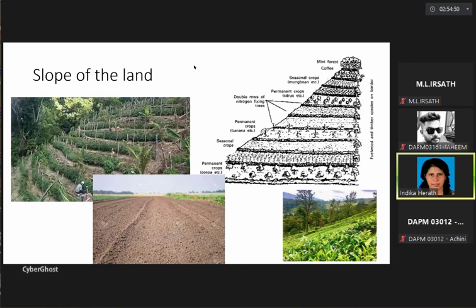Yes, I use my writing pad so that I can explain it very clearly. You have seen many of this kind of land in the upcountry in Sri Lanka.